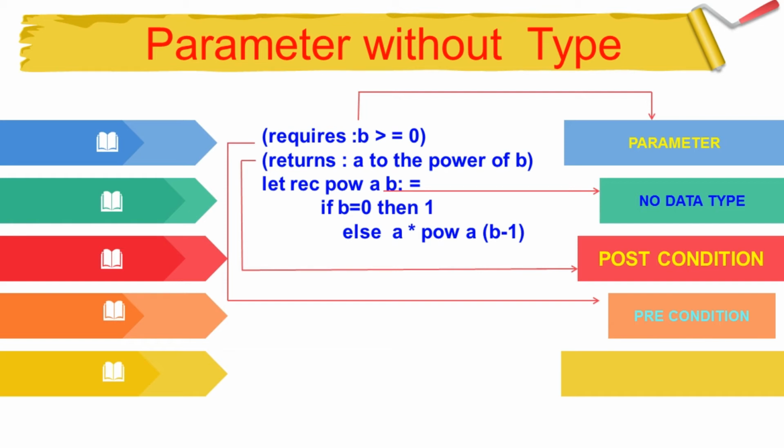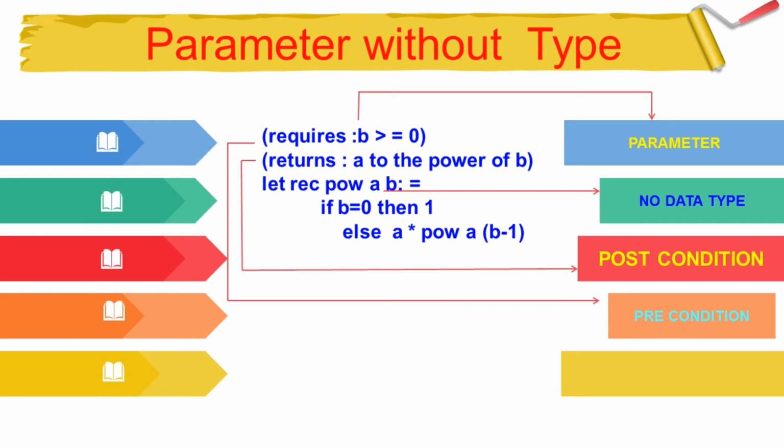Let us see this example. Requires b greater than or equal to 0. Here requires is nothing but the precondition, what is required. Returns a to the power of b.